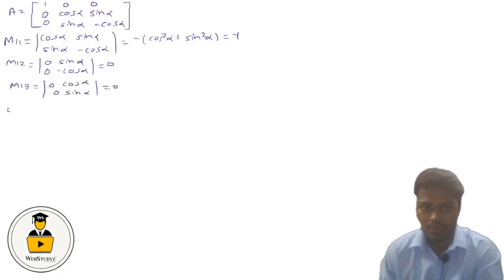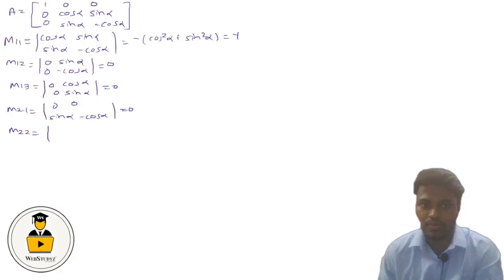Then M21 is second row, first column: 0 0, sin alpha, minus cos alpha. So it is again 0. Then M22 is second row, second column.